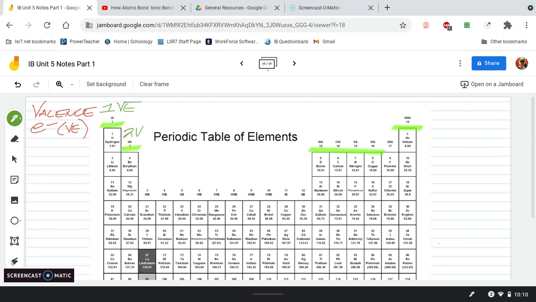Column 2A gets 2. And you can kind of start to see a pattern, right? So we're going to go 3, 4, 5, 6, 7, and then 8 valence electrons.